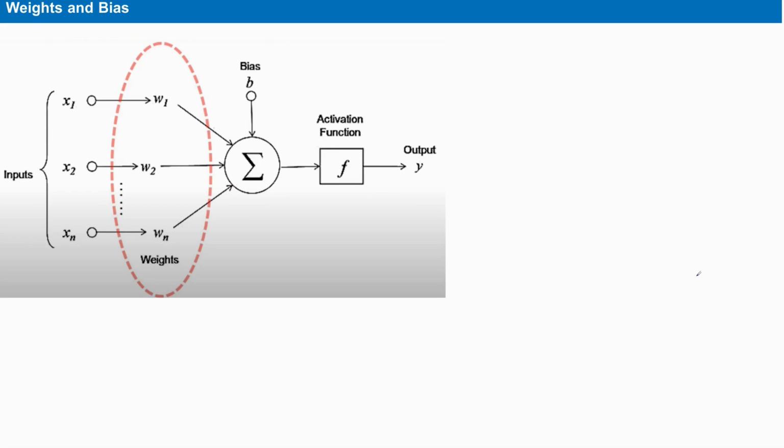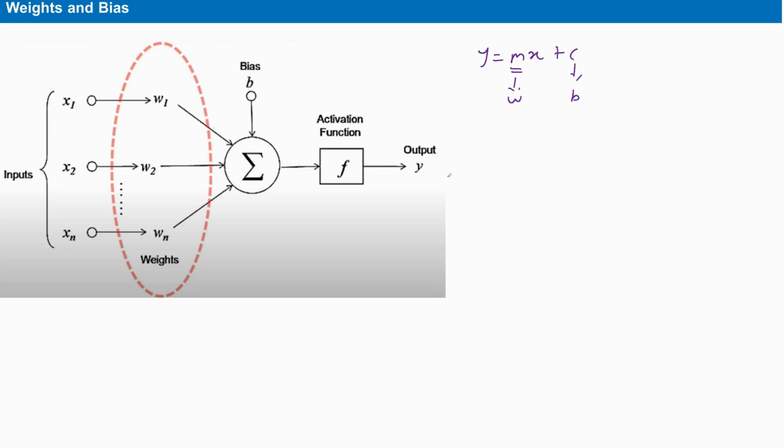The linear computation inside the neural network is computed by the line equation, denoted by y equals mx plus c, where m is the weight and the constant c is the bias. So why is the bias used inside the neural network?